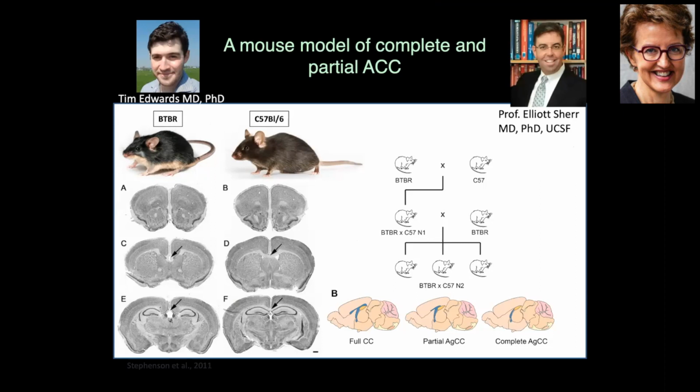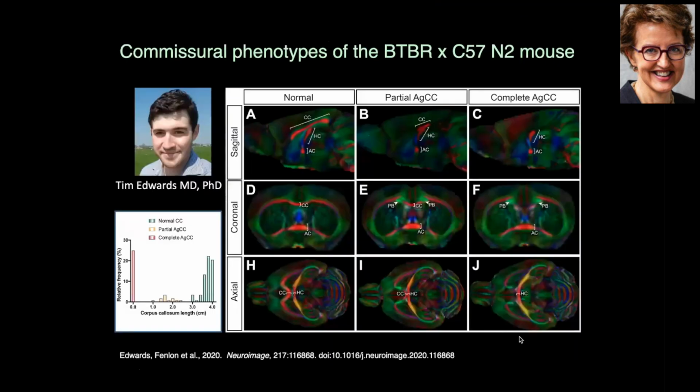And when you cross these 2 lines together and then cross back again to the BTBR line to produce an N2 generation, what you find in that litter are animals that have both a full corpus callosum, partial agenesis, and complete agenesis in the one litter. So you can compare them very nicely.